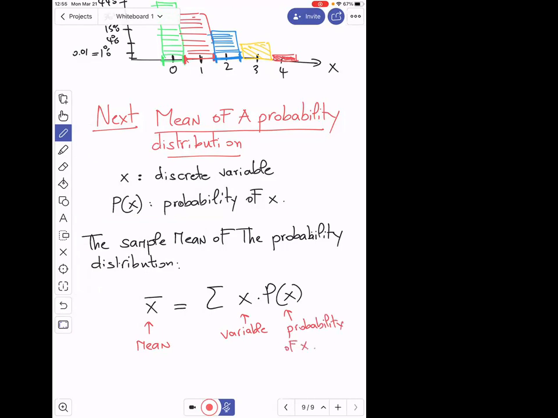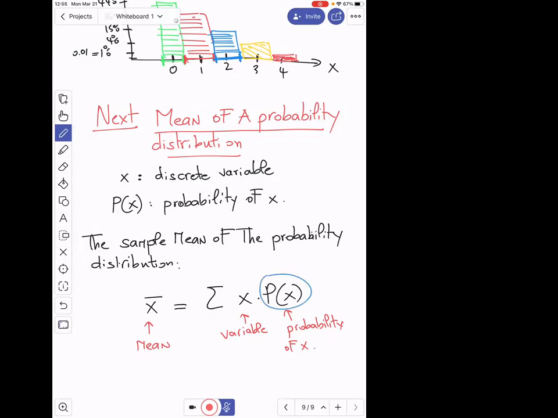So this mean is actually a sort of weighted average. Remember, in the weighted average, you multiply each value of x by its corresponding weight. So the P of x is like the weight corresponding to x.